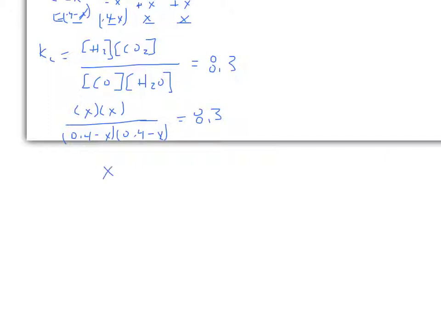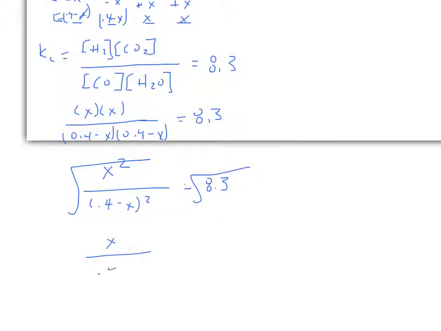This simplifies to x squared over this bracket squared, because I have the same bracket times itself. Because both terms on the left side are squared, I can take the square root of both sides and avoid having to do a quadratic question. The square root of 8.3 is 2.88.